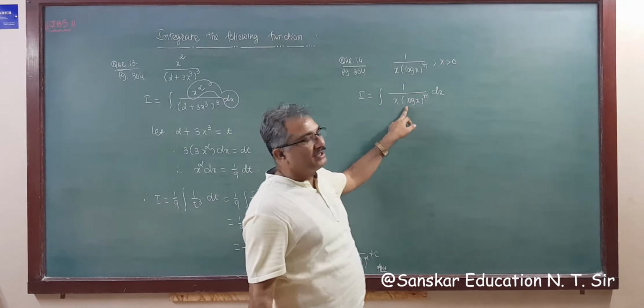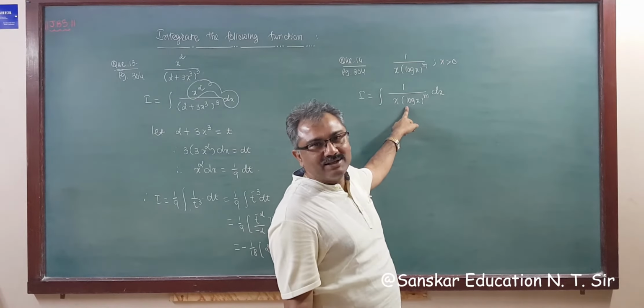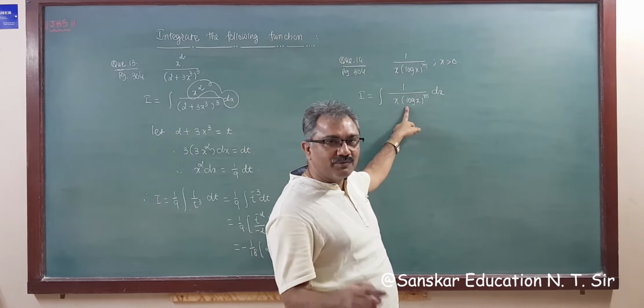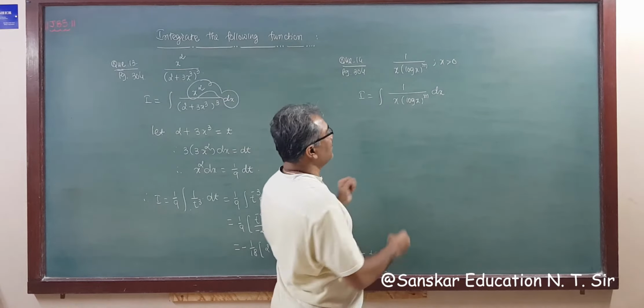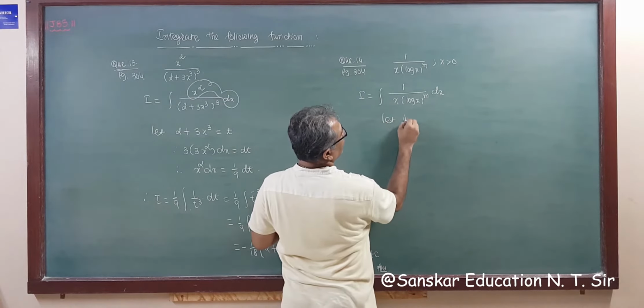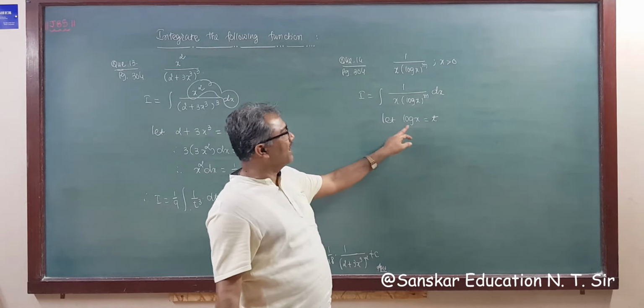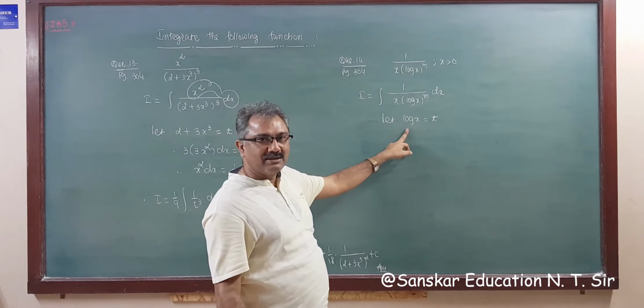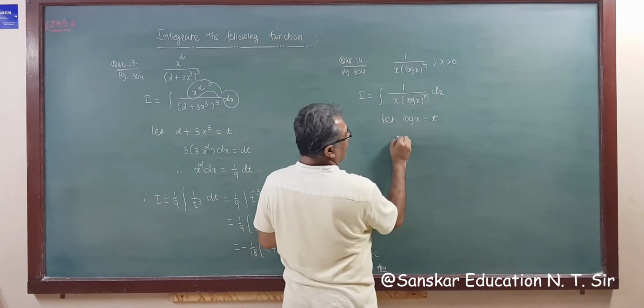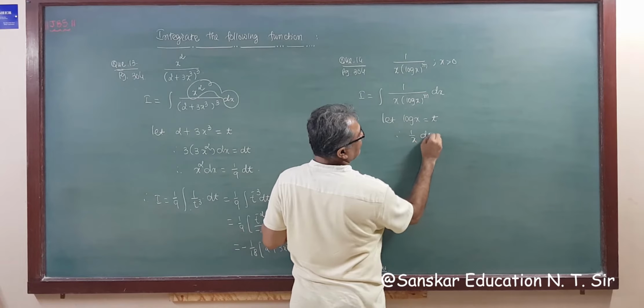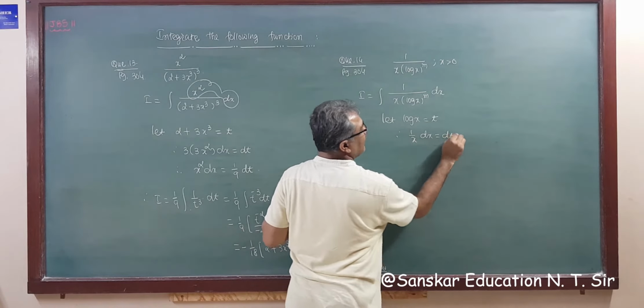Here there is a log, so what to do? Assume for log: let log x is equal to t. The derivative of log x is 1 upon x, so (1 upon x) dx is equal to dt.